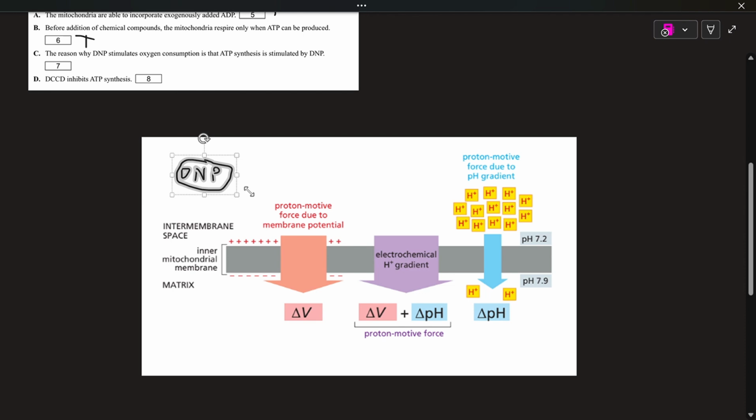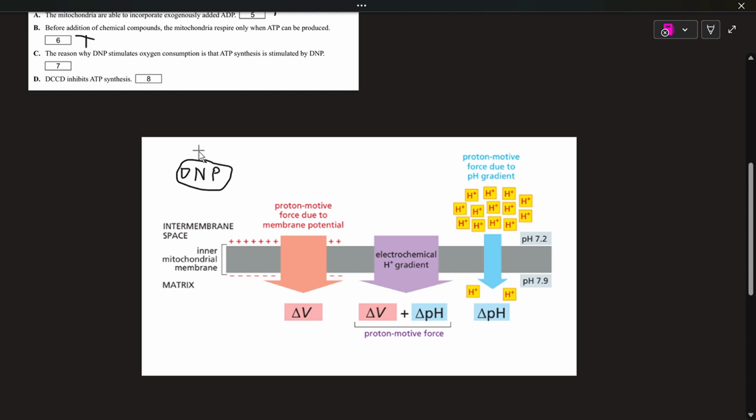So, how can DNP affect the function of mitochondria? DNP, or dinitrophenol, inhibits ATP synthesis. When DNP is added to the suspension of mitochondria, it carries protons from the intermembrane space to the matrix, bypassing the ATP synthase.